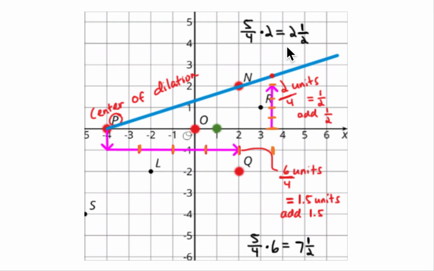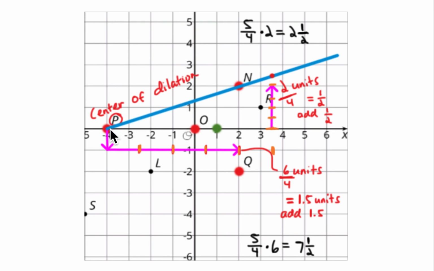I show that up here. 5/4 of 2. So 2 times 5 is 10. 10 divided by 4 is 2 1/2. All right, so from this point, this is the 5/4 of 6, and then you go up 5/4 of 2, and you end up right here.